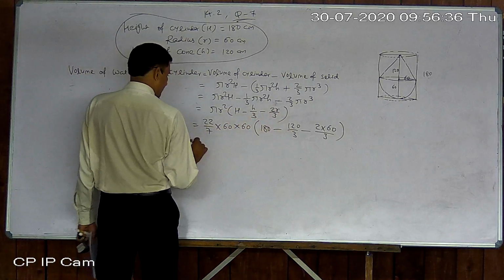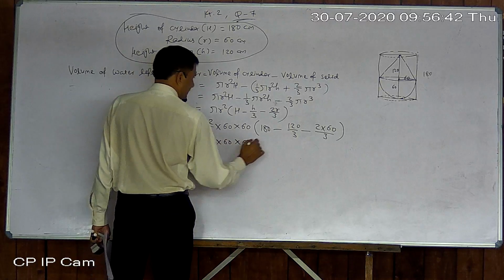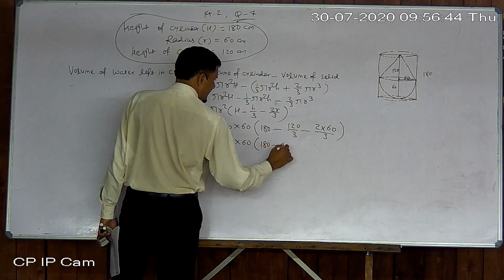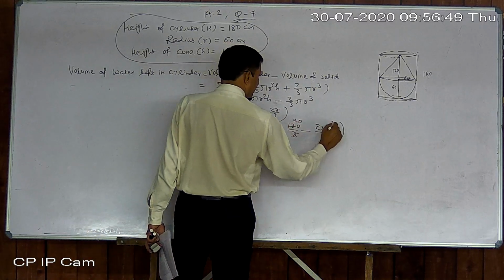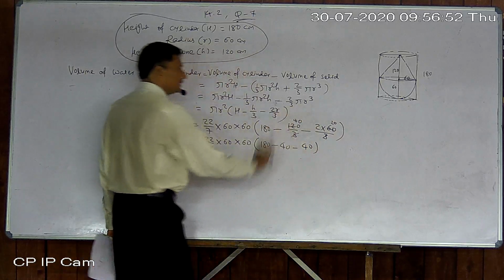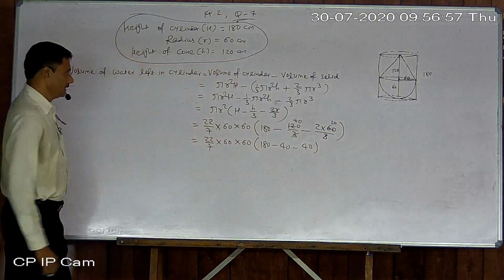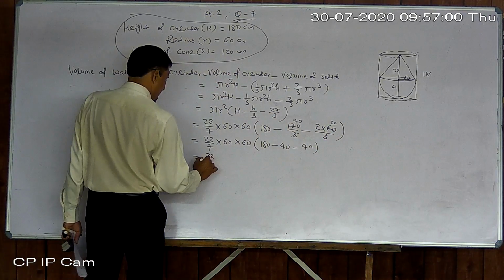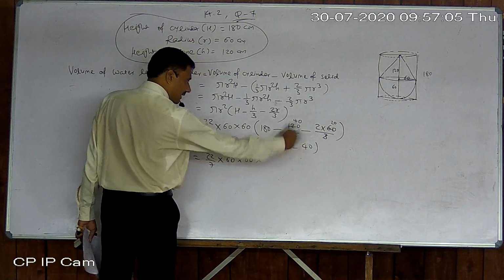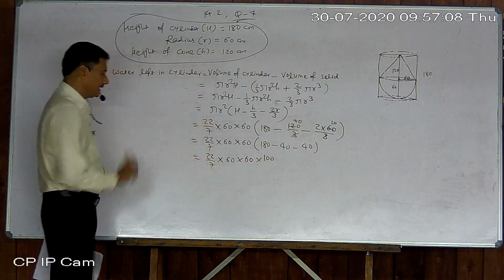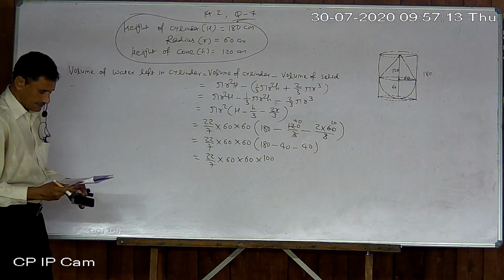Now 22 by 7 into 60 into 60, into 180 minus 40, minus 40 again, so 180 minus 80, that is 100. Okay, so that is our final answer, but we have to give our answer at last.